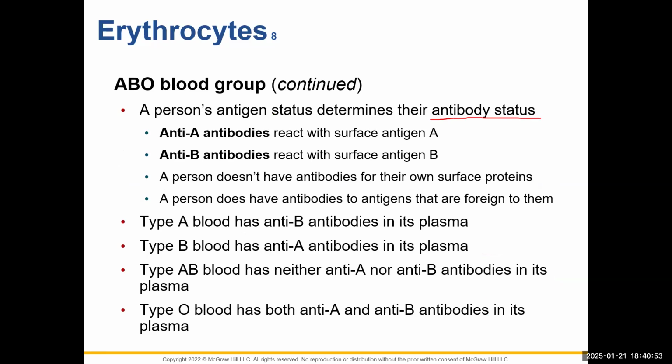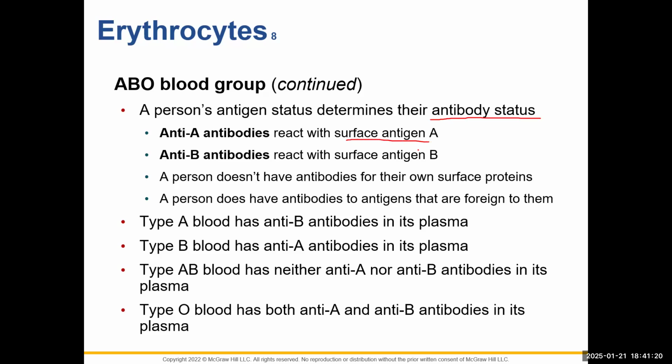We will learn about these specifics when we study the immune chapter in chapter 22. But for right now, just know that a person's antigen status determines their antibody status. So let's look at this. An anti-A antibody will react with a surface antigen A.